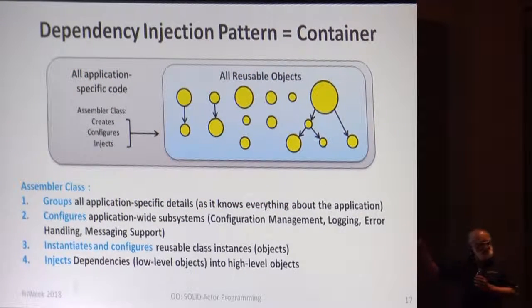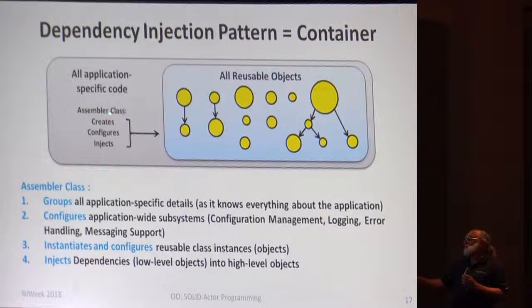It's not a principle, it's a design pattern. And what it essentially is, in software engineering speak, is a container. What you do is you make a conscious decision to separate your application code into reusable classes that you want to reuse on other applications, and application-specific code.